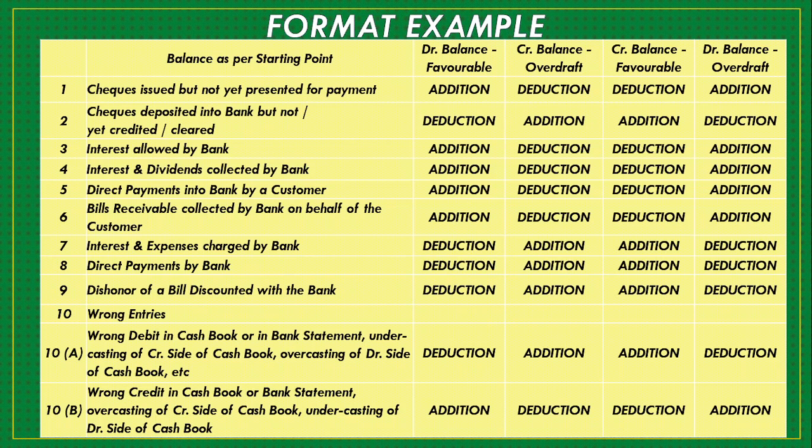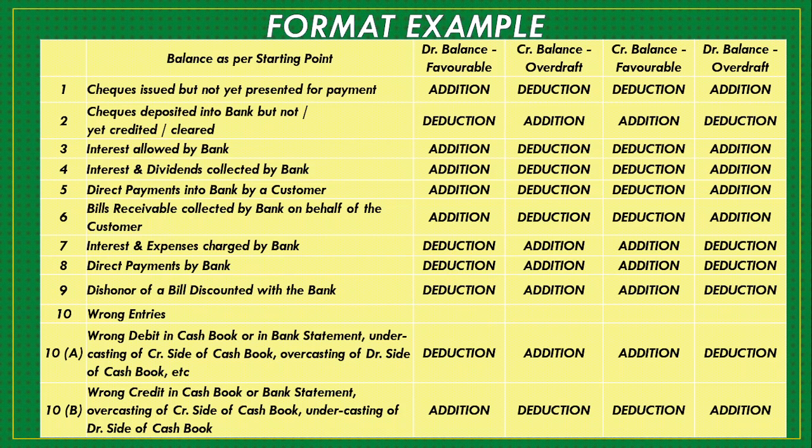In the debit balance favorable, it will be addition, which means to add, whereas credit balance overdraft, it is deduction, which is exactly the opposite. And credit balance favorable, it will be deduction, and debit balance overdraft, it will be addition.